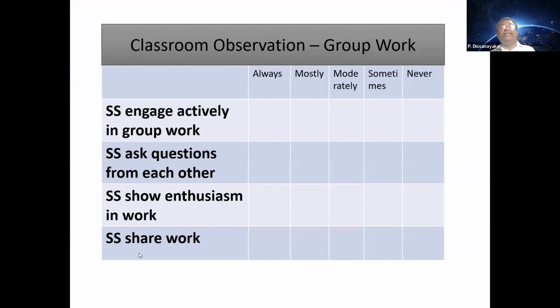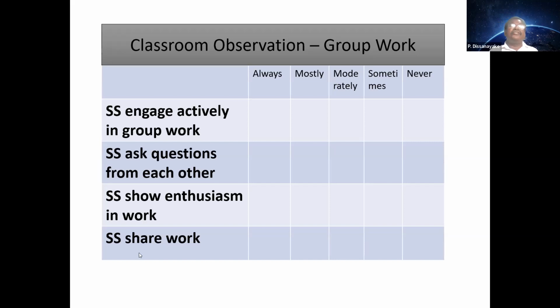One example, here are some statements. Scaling: always, mostly, moderately, sometimes, never. Always means highly frequent. You observe, students engage actively in group work.